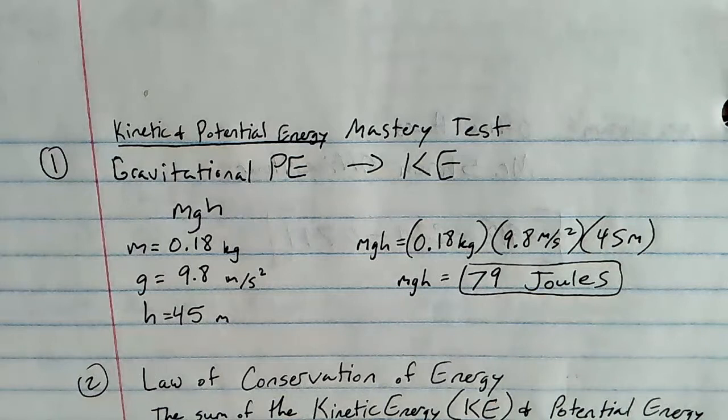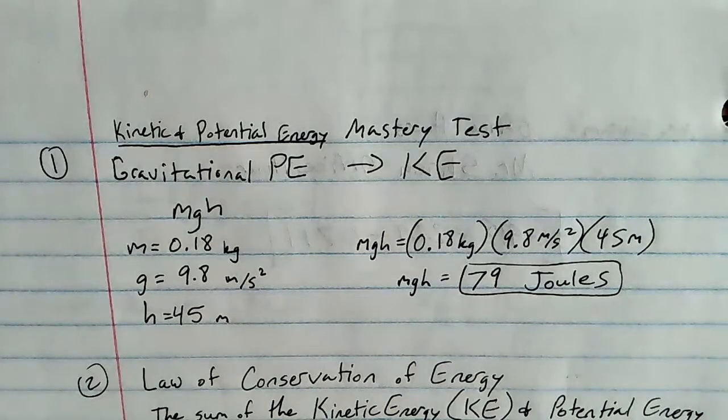And then we have kinetic energy, which is energy of motion, with moving objects. Now we're going to calculate those in these mastery test questions.